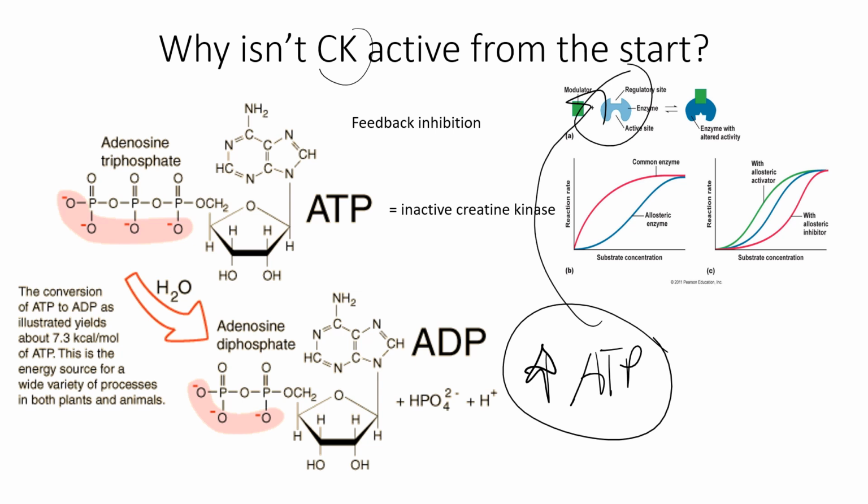What you're seeing here is feedback inhibition. If ATP, which is what the phosphagen system ultimately creates, is elevated inside of the muscle cell, there's no reason to run the phosphagen system, so it allosterically inhibits the enzyme involved, slowing down the rate at which the phosphagen system runs.